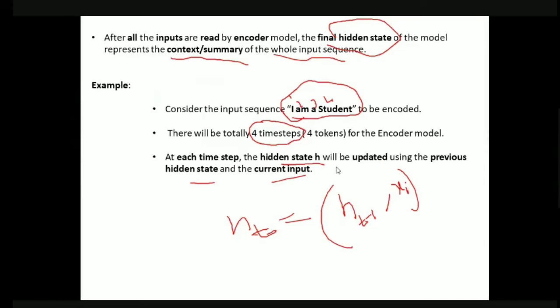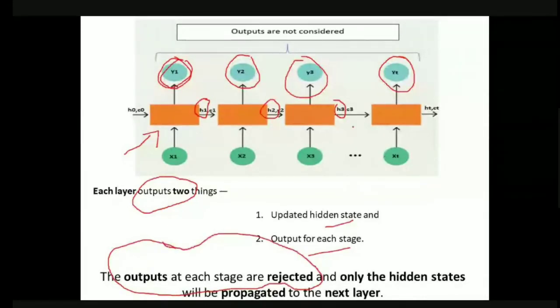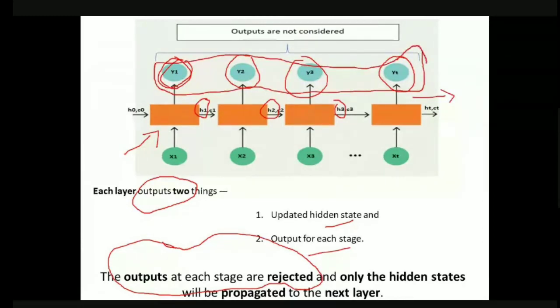We got the outputs Y1, Y2, Y3 and so on up to YT. The outputs at each stage are rejected. Why are we rejecting these outputs? Because the encoder has to encode the input sequence into the encoder vector. So here we are not going to take these outputs.